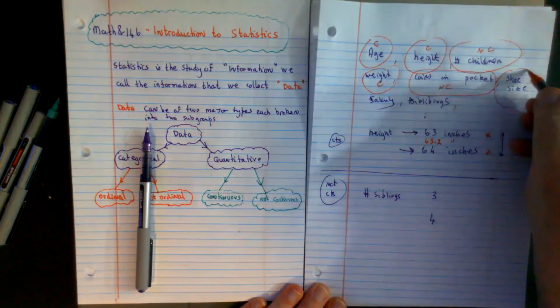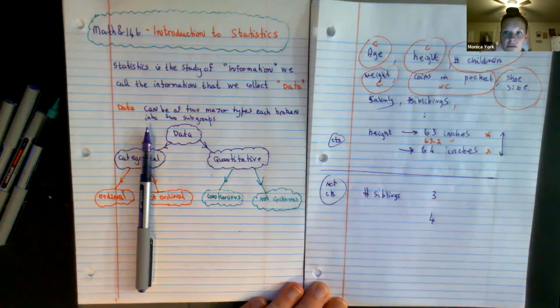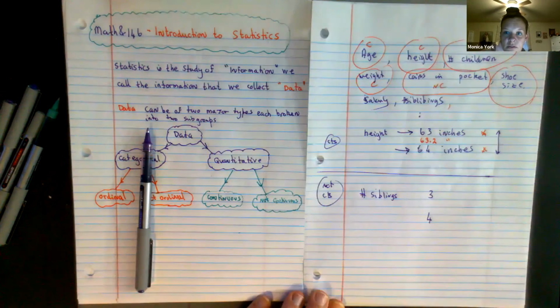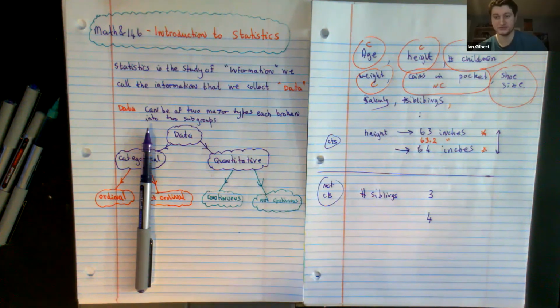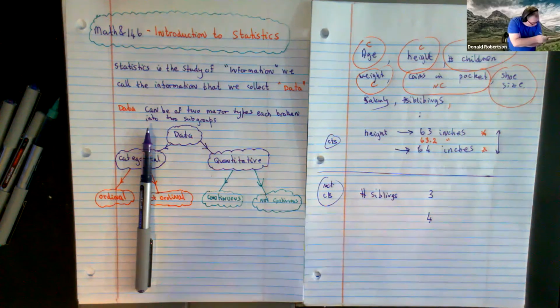Continuous. I think I know why you're thinking that. I'm going to disagree, but I don't mean I'm right. Are you thinking it because you can have a 4.5 and not just a 4? You could have a size 4 and a size 5, but you can also have a size 4.5. Can you have a size 4.177? No, but your foot size might be that. Your foot size, correct, but not your shoe size.